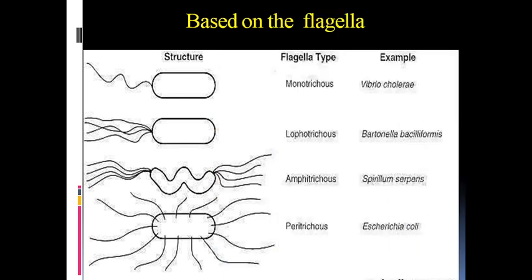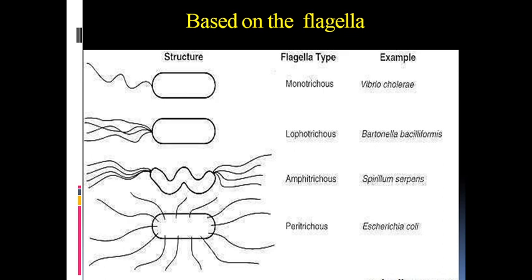So far we have seen about the classification of microorganisms. That is, what is the classification? Bacteria, parasite and viruses. Next, after the classification of the microorganism, we have seen about the bacteria in detail.